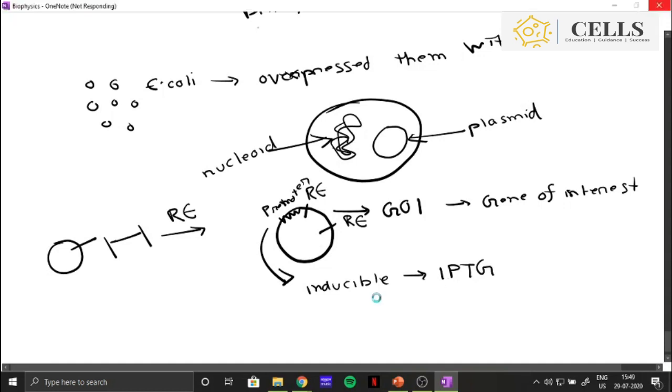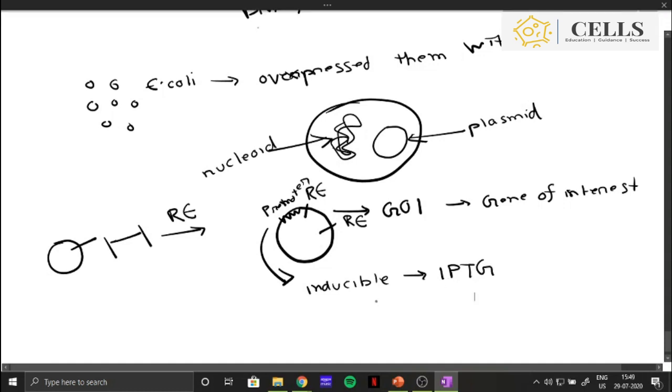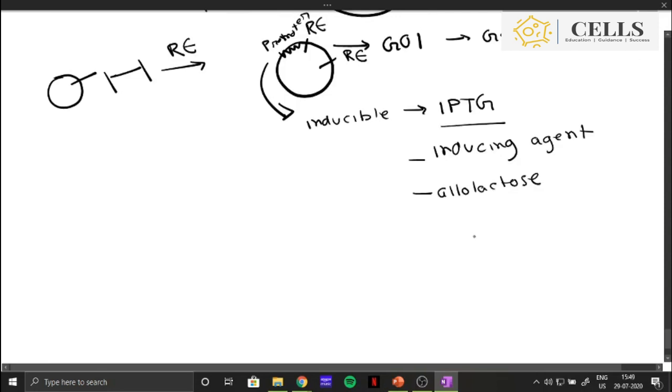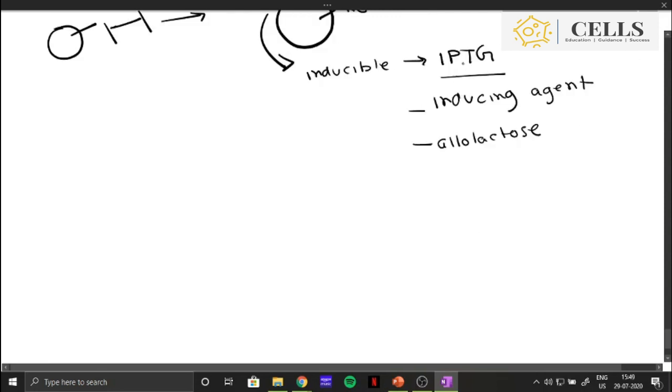What is IPTG? IPTG is an inducing agent. IPTG mimics allolactose. So why do we use IPTG and not allolactose?